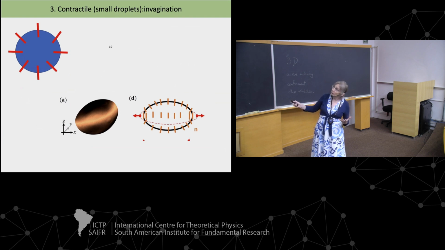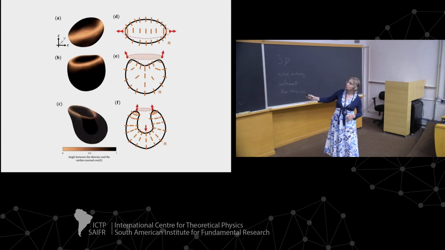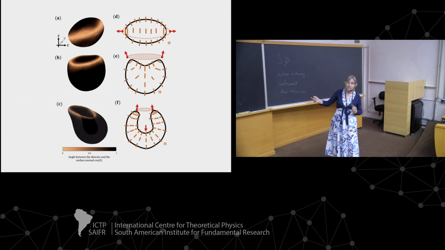So what's going to happen is that very quickly that becomes unstable. You end up with a ring round the drop where the director is in plane. The complicated director field sets up complicated flows, and what happens is that you end up with a cup shape. So just because it's active, you go from this small contractile drop to this cup shape.